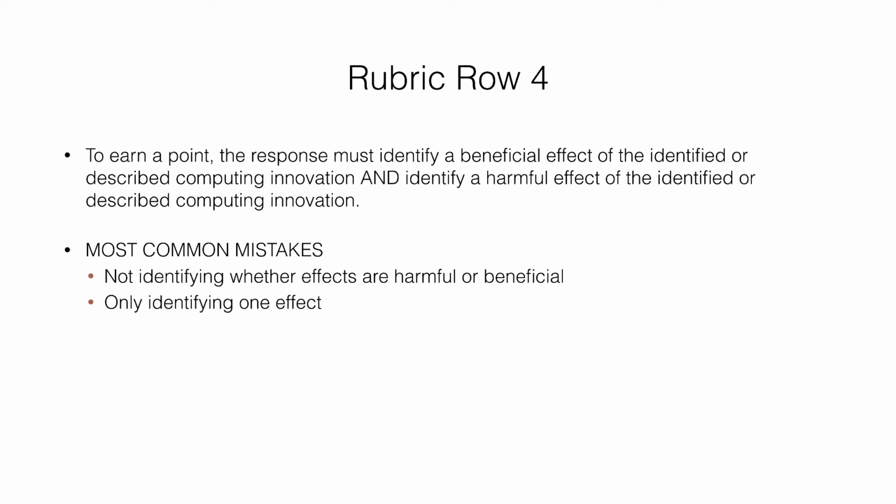Sometimes what we will accept is if someone says, one effect of this is blah, blah, blah. On the other hand, a negative effect is blah, blah, blah. We will assume because you've said on the other hand, or however, or but, and then you identify the second one as negative, we will assume the first one is positive because of that grammar. But unless you do something like that, you have to say it's beneficial or harmful.